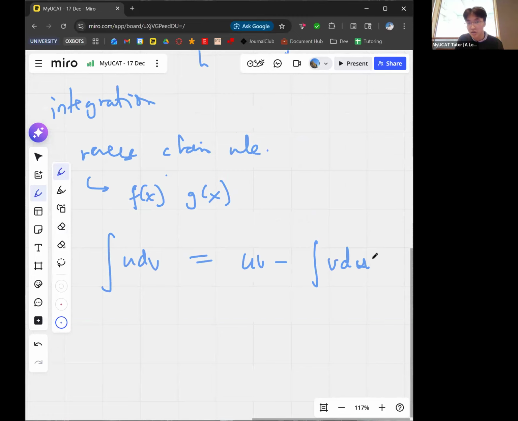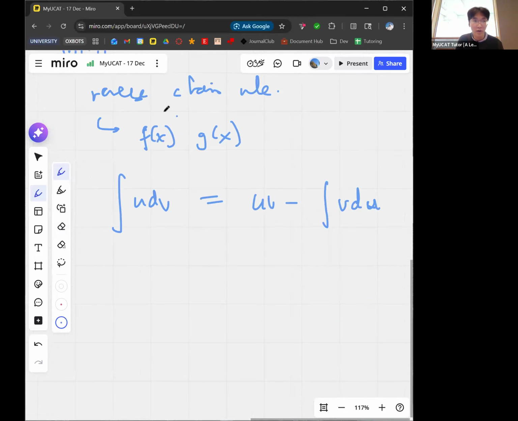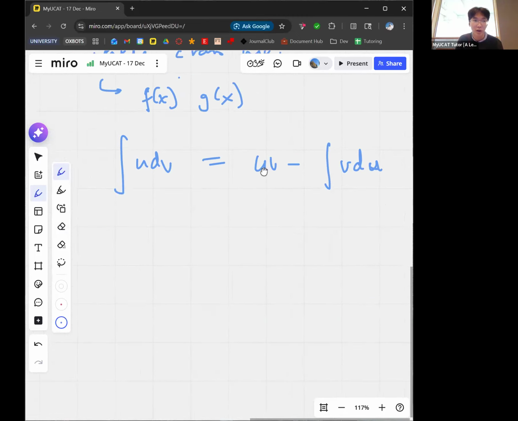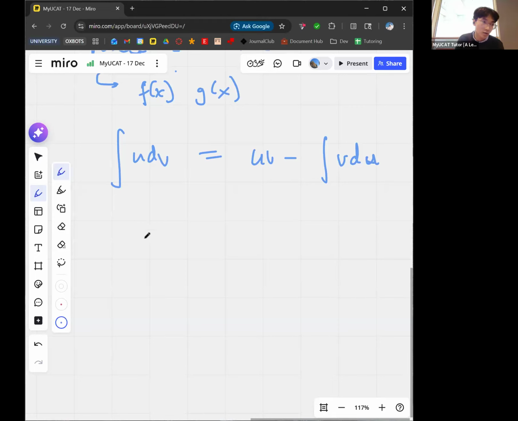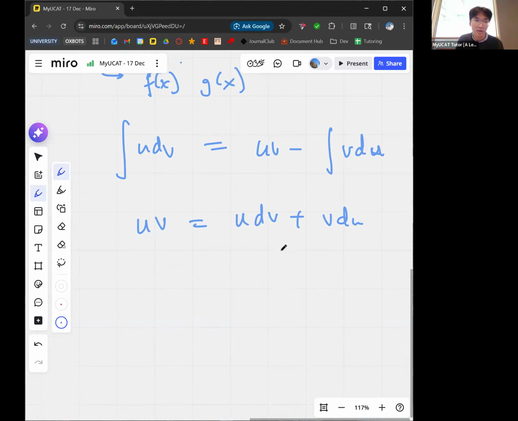And you realize that this is actually just the opposite of the chain rule. This is actually what the reverse chain rule comes from. Because if you take the derivative of two functions multiplied, it's going to be u dv plus v du, right? We're taking f of x, g of x, f of x times the derivative of g, and g of x times the derivative of f, right? And you just split this apart, or you can take the integral of both.